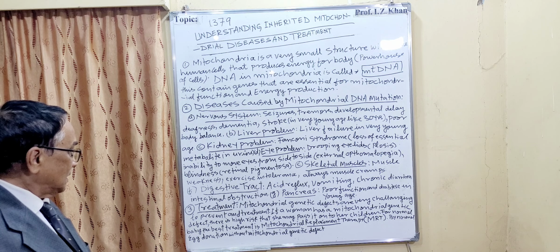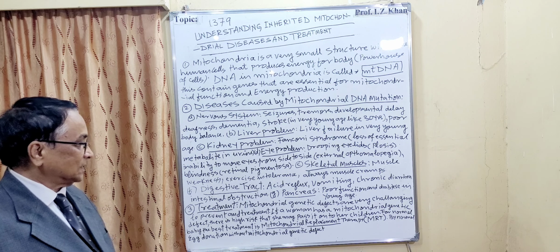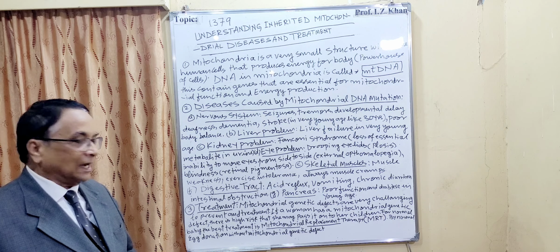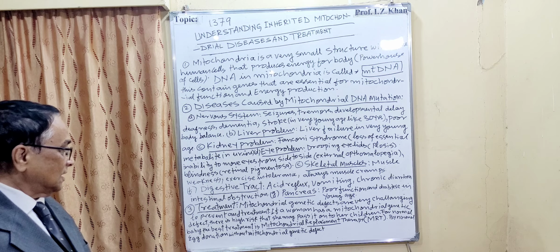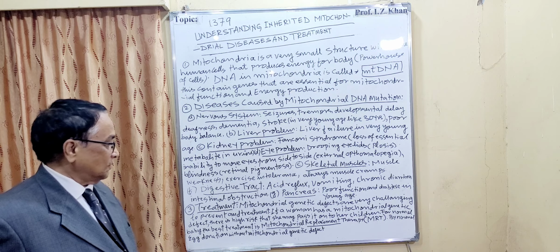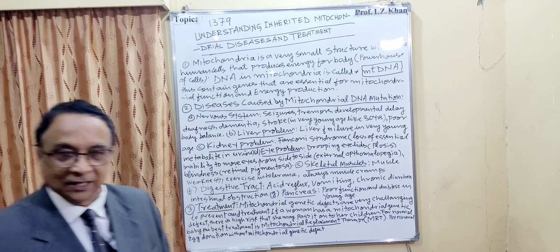For a normal baby, the best treatment is mitochondrial replacement therapy, MRT, and also normal egg donation without mitochondrial genetic defect.